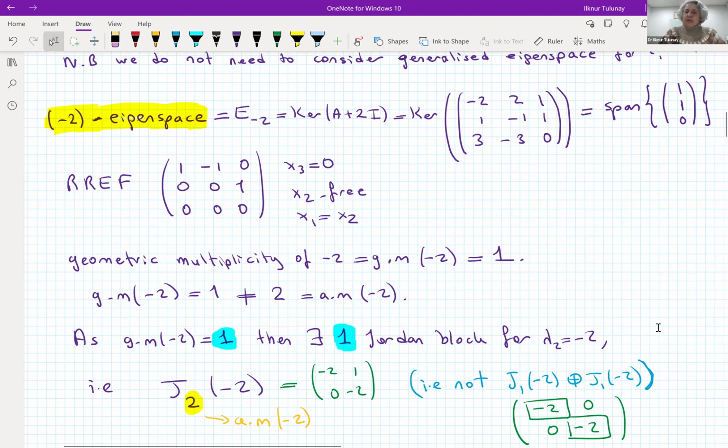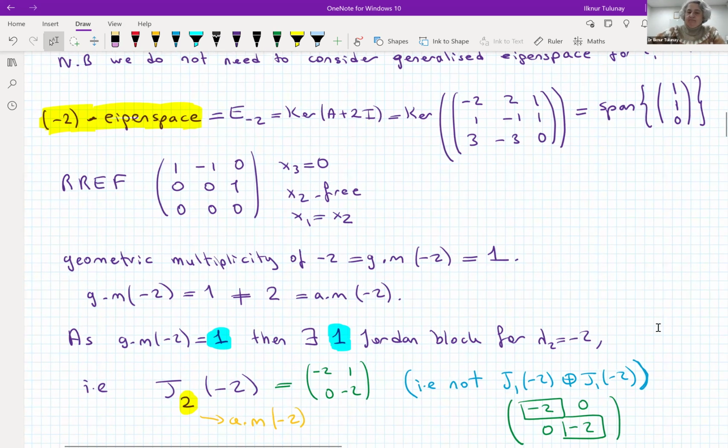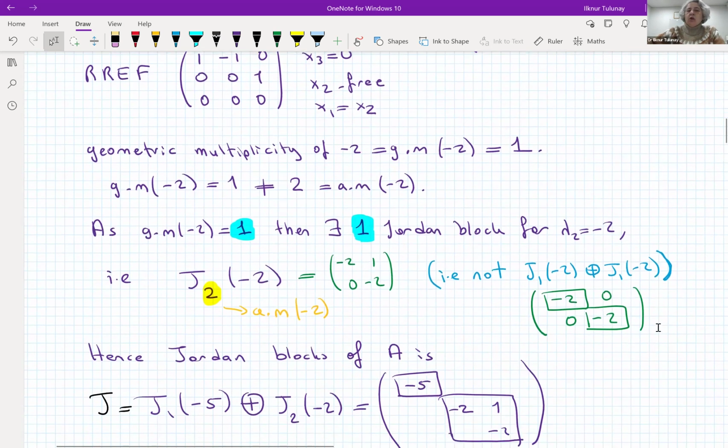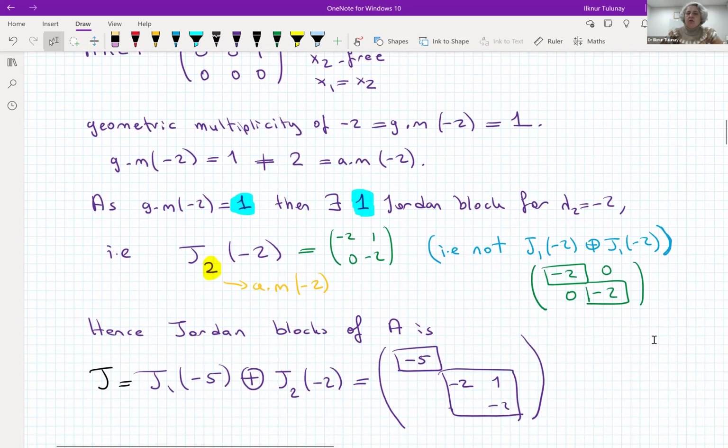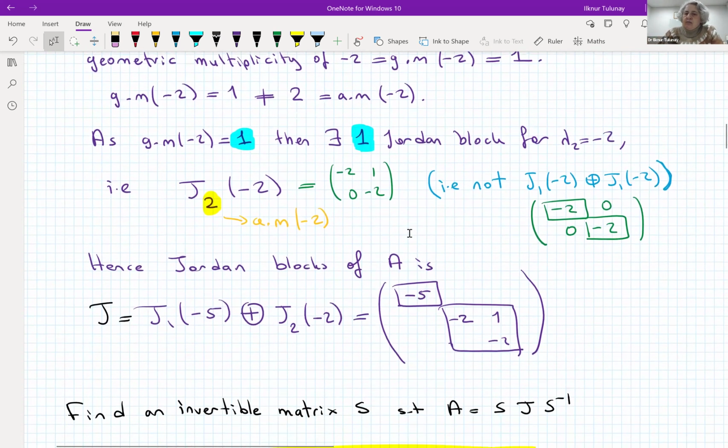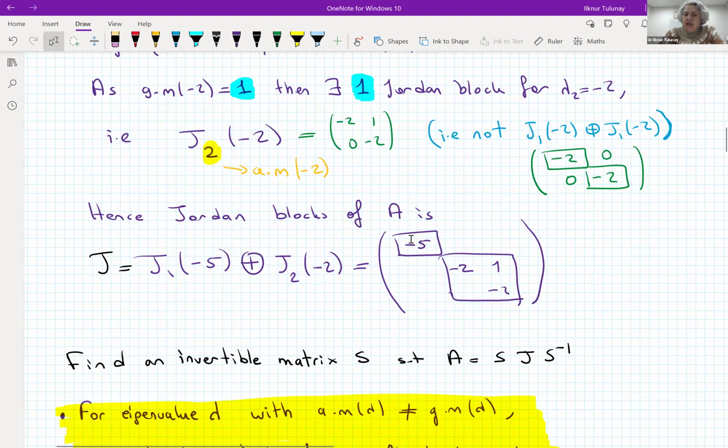I hope this explanation helps. Let's move on. What is the Jordan form of this matrix, from what we found so far? We found eigenvalue -5 with one block. So J1 is -5, because the algebraic multiplicity is 1 and the geometric multiplicity is 1.